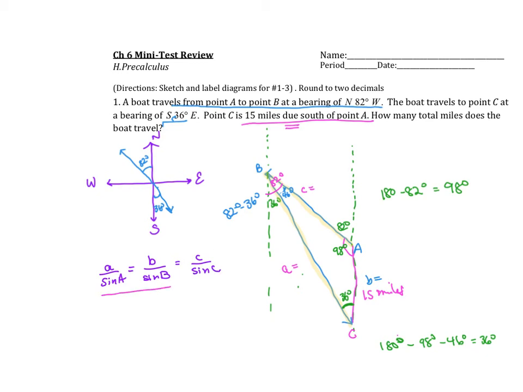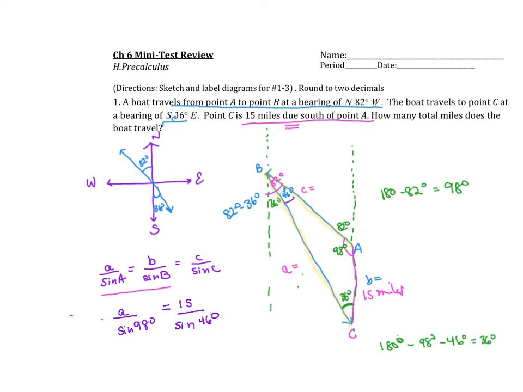At the end, we're going to add A plus C to find the distance the boat travels, since it doesn't go back to A. Let's write one of our equations. We have A over sine of 98 degrees equals 15, which is our B value, over sine of B, which is 46 degrees.